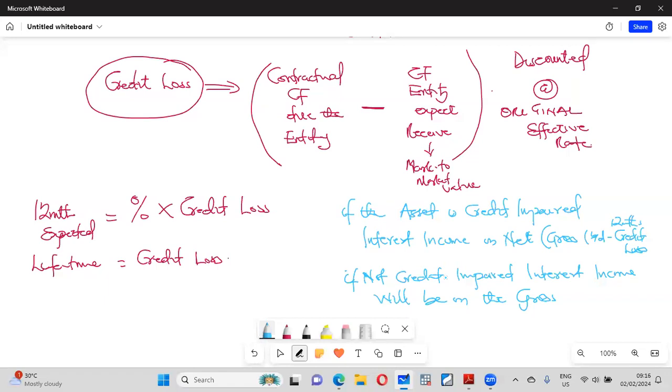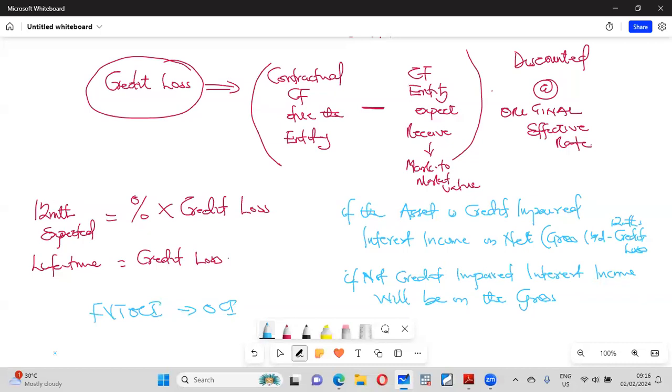Another thing you're supposed to know is that, assuming the debt instrument is fair value through OCI, then the asset is reported at fair value at reporting date. So any loss allowance you calculate must also go to the OCI.